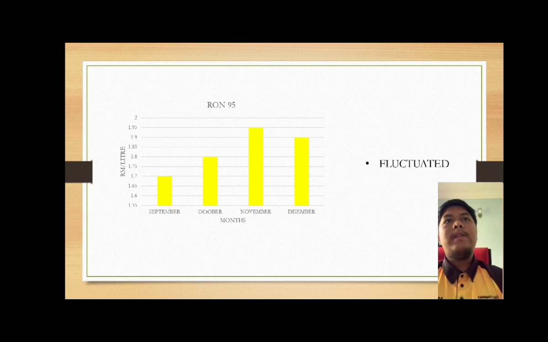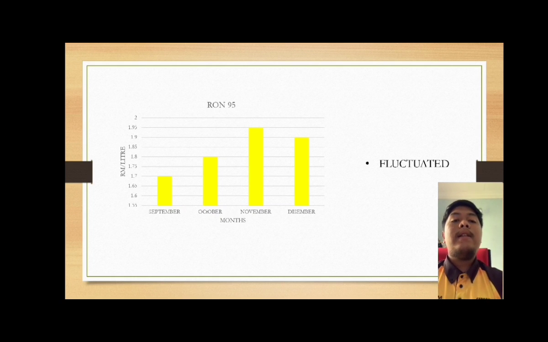The total for September is Ringgit 70, and it increases in October to Ringgit 80. And from October to November, the price is increased from RM1.80 to RM1.95.